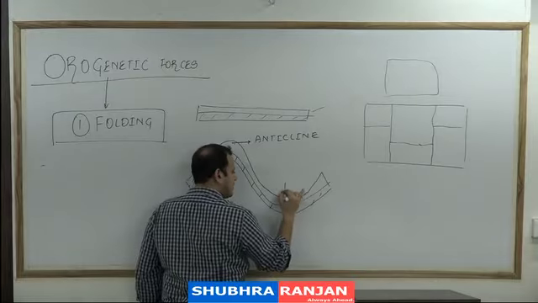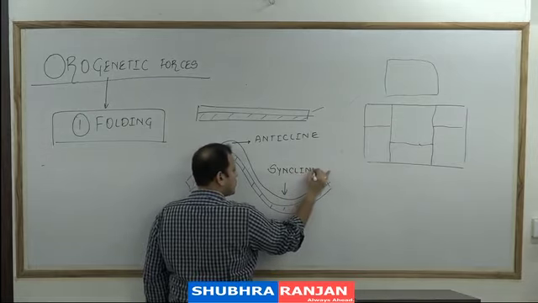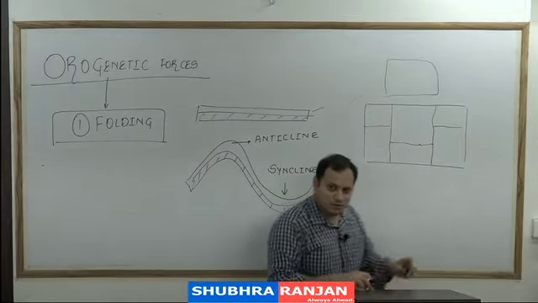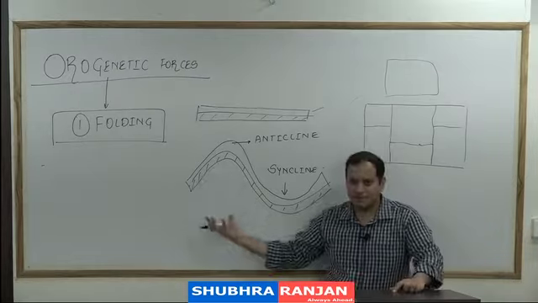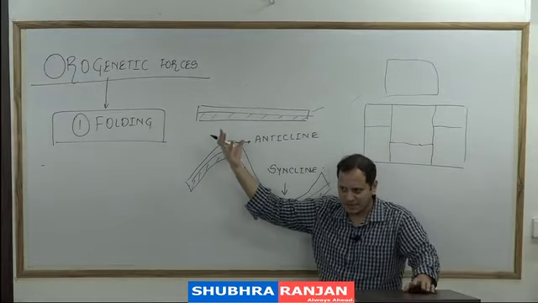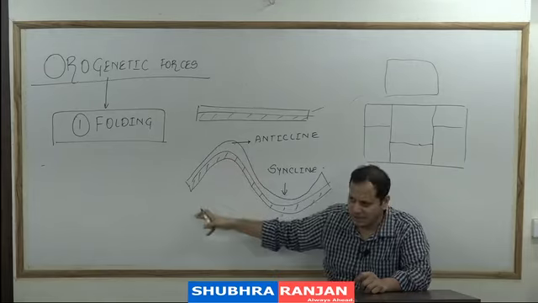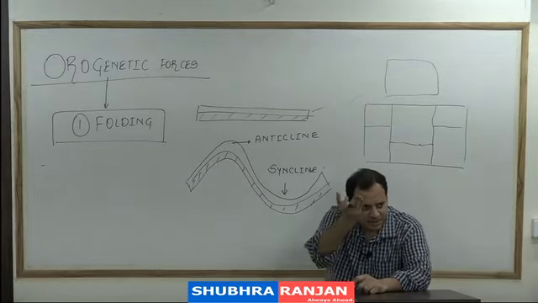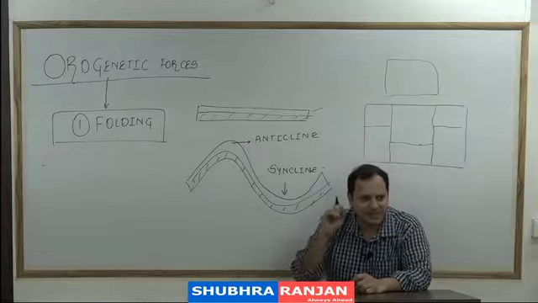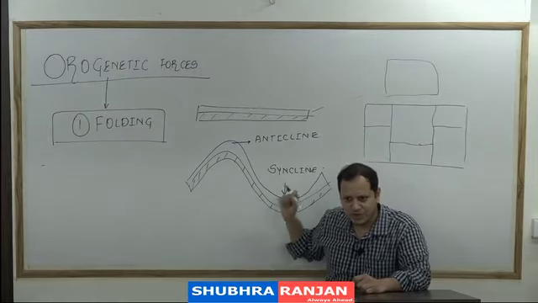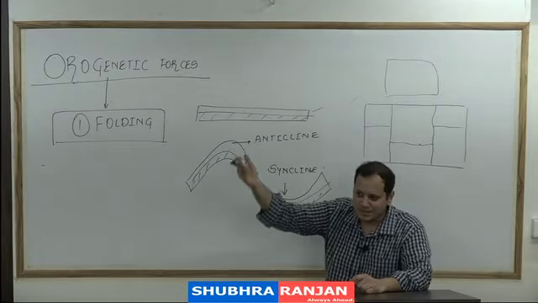We will call this a valley, but in geography this is known as a syncline. So what does the folding result in? Folding results in warping. In warping, the upfolded part is known as an anticline. Generally mountains are anticlinal mountains, and the downfolded part is known as a syncline. So going ahead we will use the word synclinal valley. You should understand that a synclinal valley is nothing but a valley in the downfolded part.